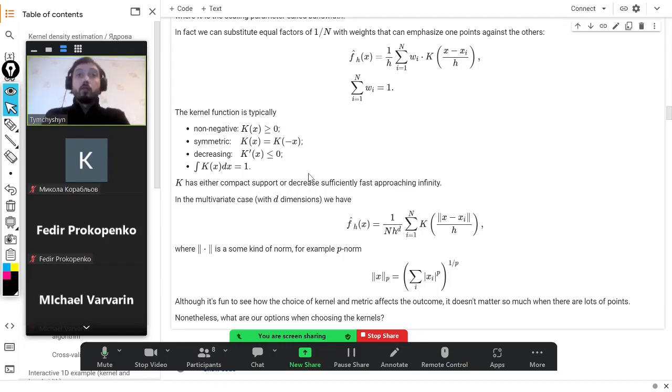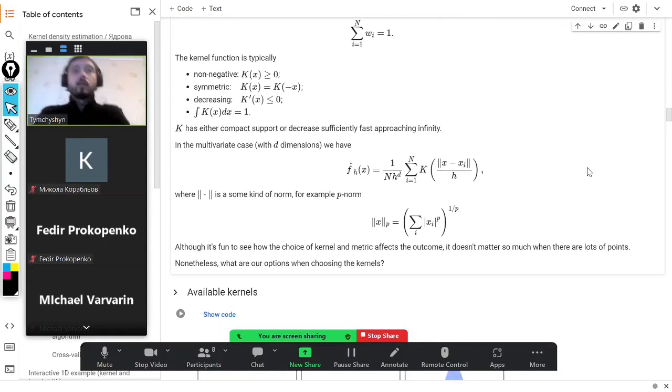So you will definitely want that your kernel is decreasing, and at the end of the day you can integrate everything. And of course you might want that integral of your kernel is equal to 1, because that makes things, let's say, easier. So we can normalize the sum of the kernels. Anyway, K has either a compact support or it should decrease sufficiently fast, approaching infinity.